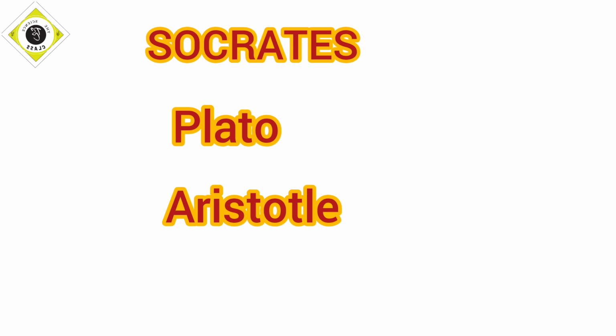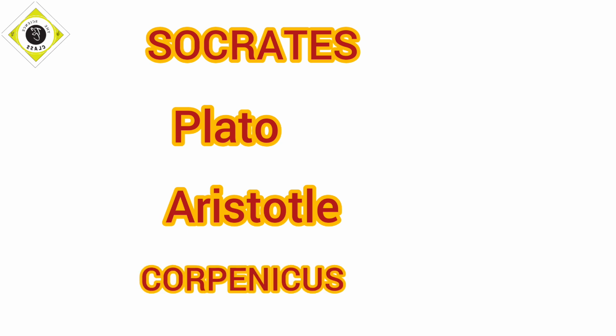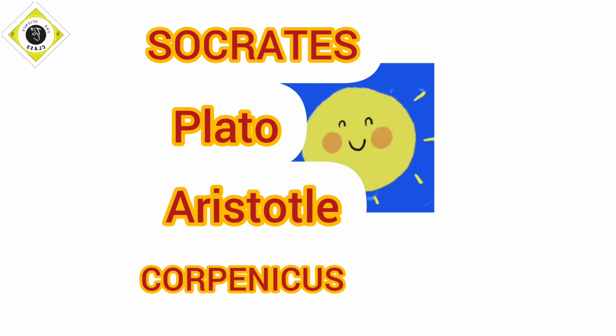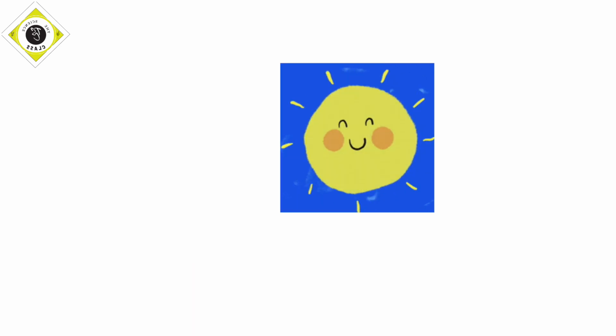For example, Copernicus is a scientist that discovered that the earth rotates around the sun and not that the sun rotates around the earth. What a wonderful discovery, that the earth is the one that rotates around the sun and not the vice versa. Then we have another great scientist, Galileo.